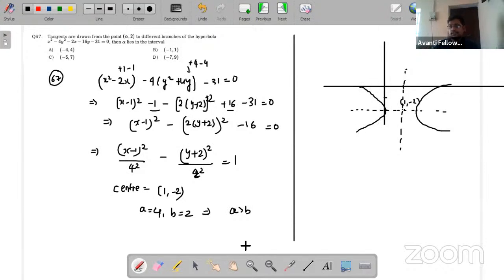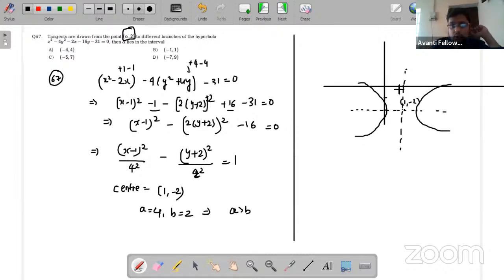Right? Or like this. Clear? Now, alpha comma 2. From this point we have to draw tangents to both the branches.